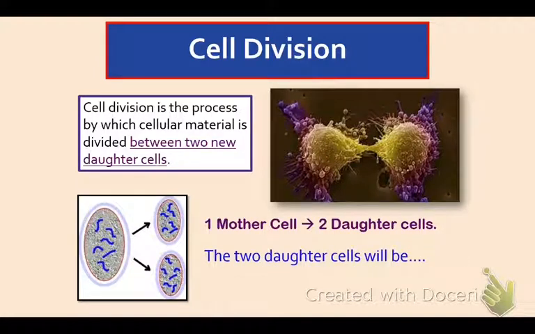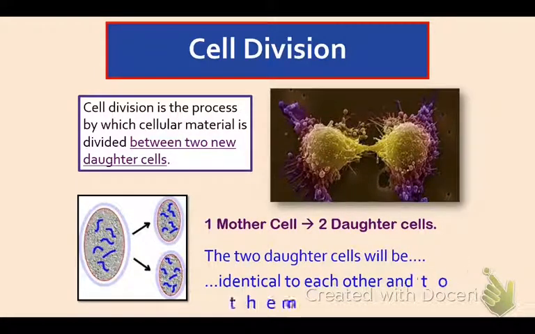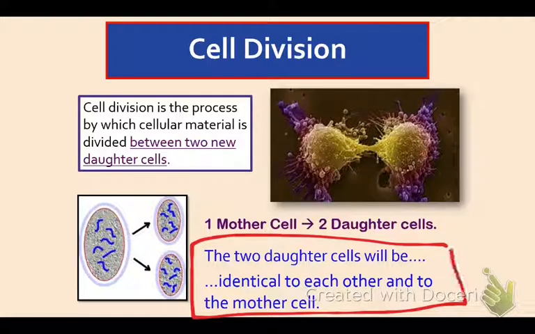The two daughter cells will be identical to each other and to the mother cell. That is extremely important to know in mitosis, which is this process of cell division: they are identical to each other and the parent or mother cell. You must know that.